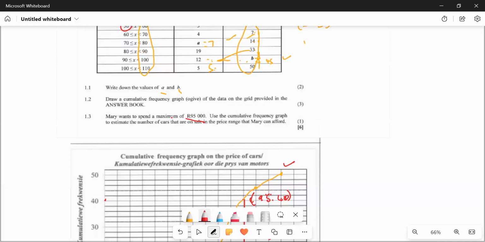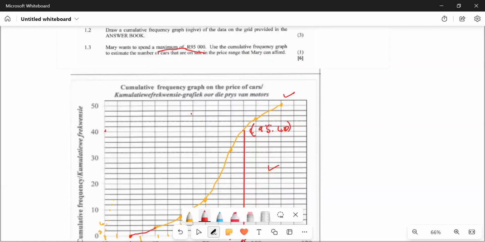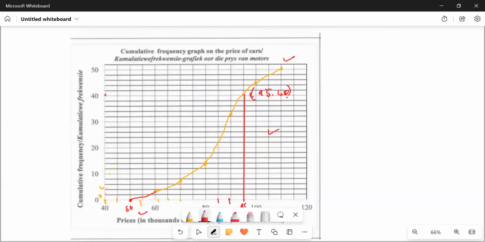Because Mary wants to spend a maximum, Mary should spend anything less than 95,000. So if it's less, this is the question that I was talking about, it's below. So how are we going to get below? We're always going to say below is going to be this number minus 0. If it's below, it's going to be 40 minus 0. Are we always going to subtract 0?